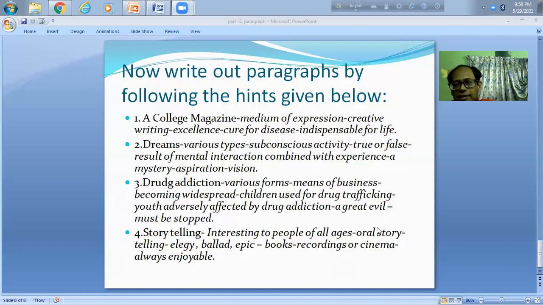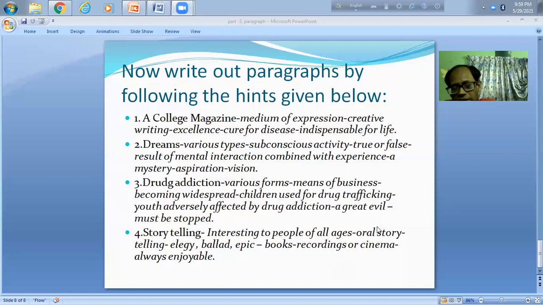So they think that they can deviate their concentration to something else by taking drugs. So they take drugs to have some sort of fun. But this is very temporary. Actually, they don't know that it may harm their valuable health. It may cause drowsiness, inactivity.